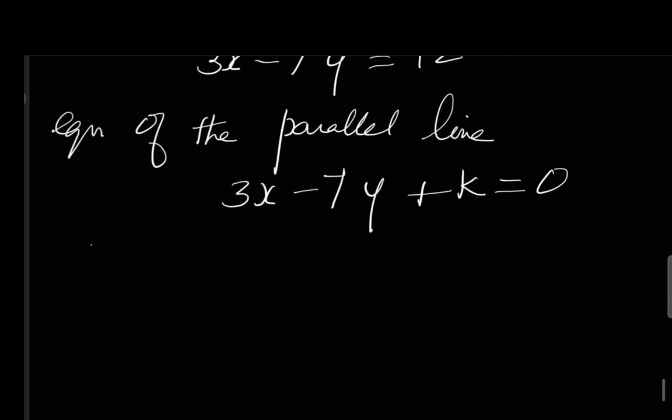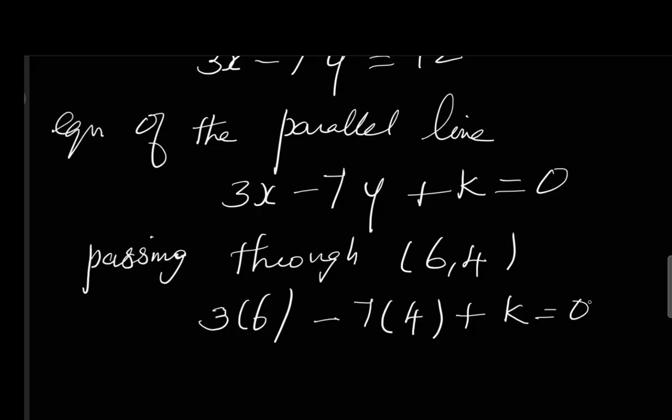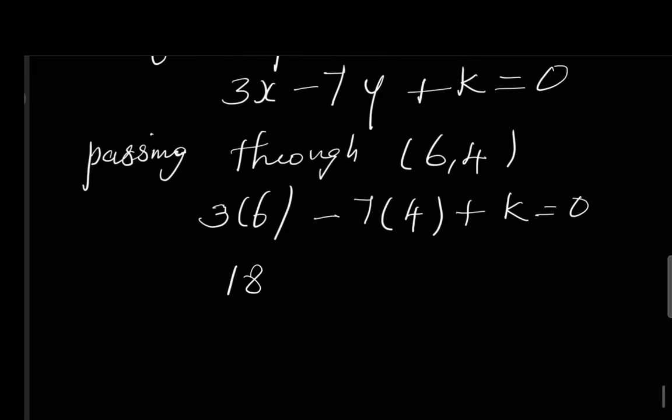Given the line passing through (6, 4). You just replace x as 6 and y as 4 in 3x minus 7y plus k is equal to 0. 6 3s are 18, 7 4s are 28, plus k is equal to 0.